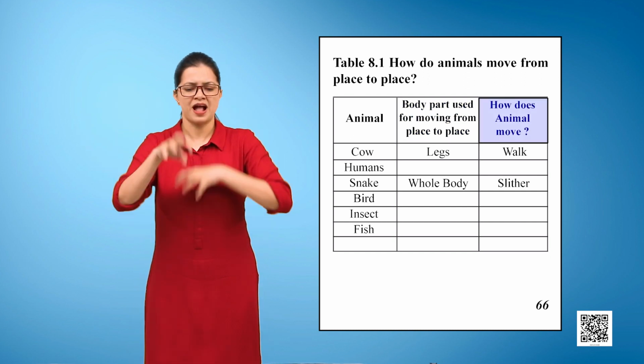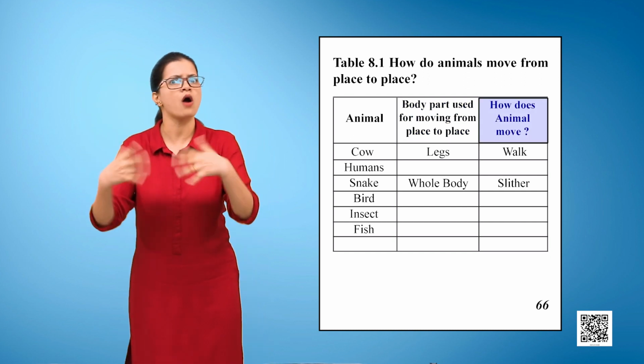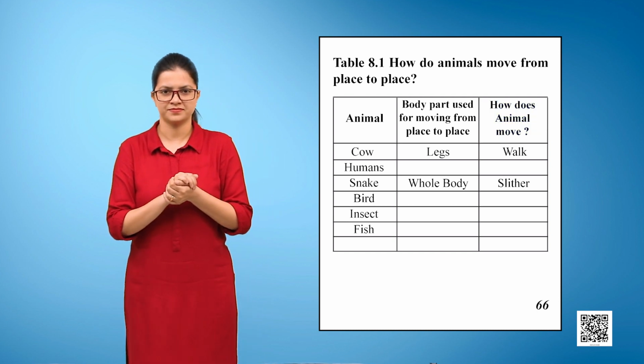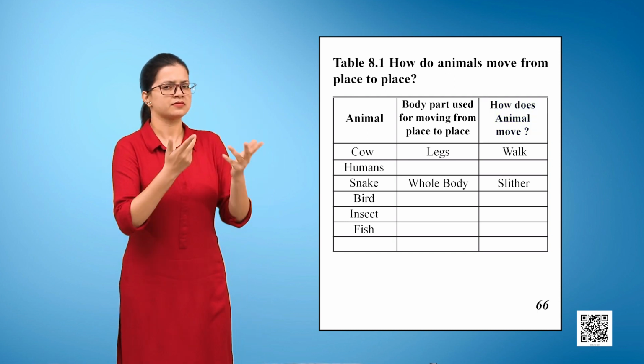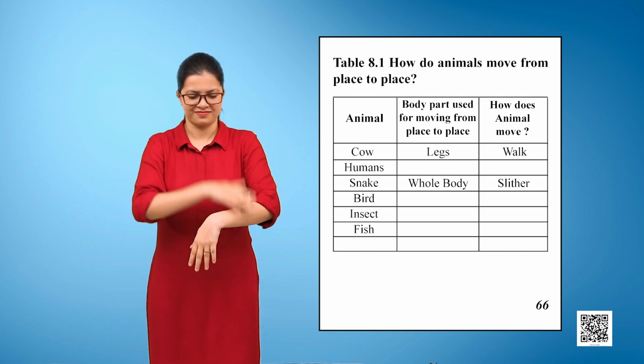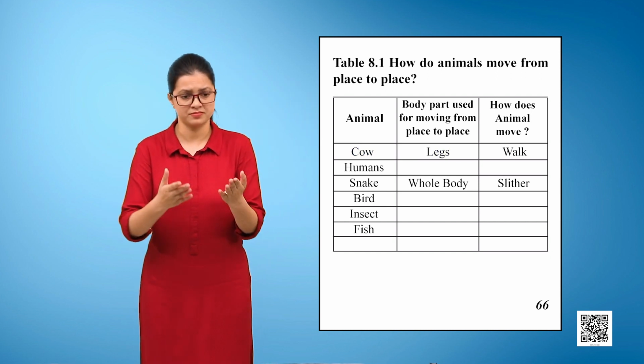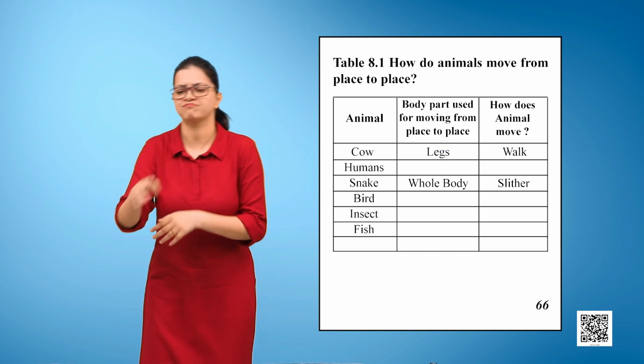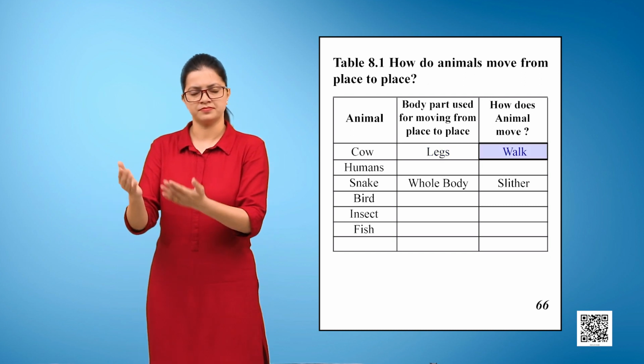How does the animal move? Cow. Body part used for moving from place to place, legs. How does the animal move? Walk.